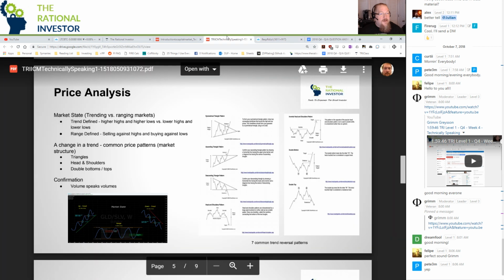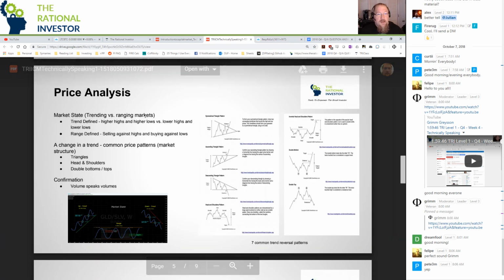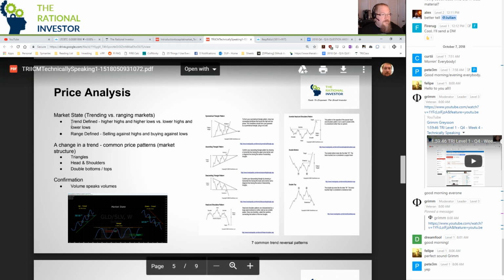That's what we're talking about, is defining or predicting really when we're about to see a shift between trending and ranging markets. The key part to remember is when you're trying to determine whether you're in a trending or a ranging market, you want to see overall, preferably on a larger time scale first, right?